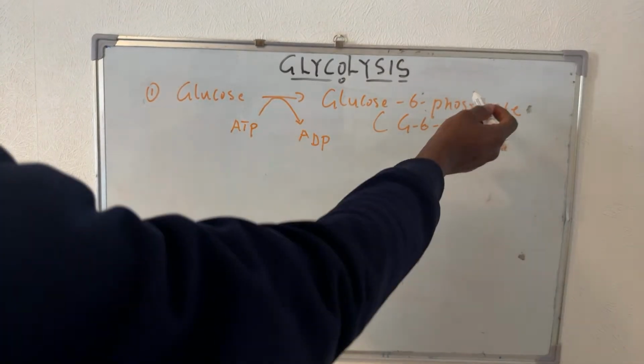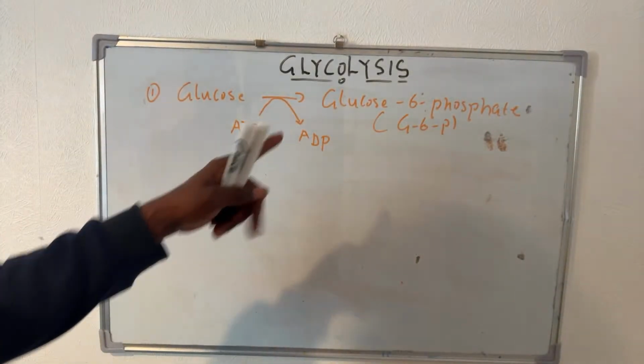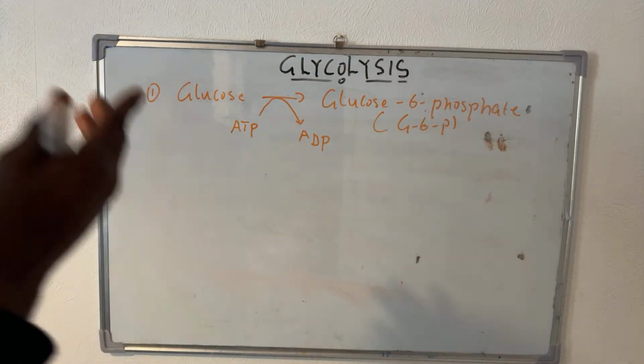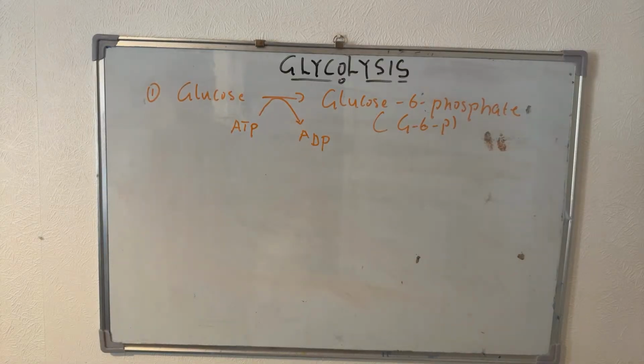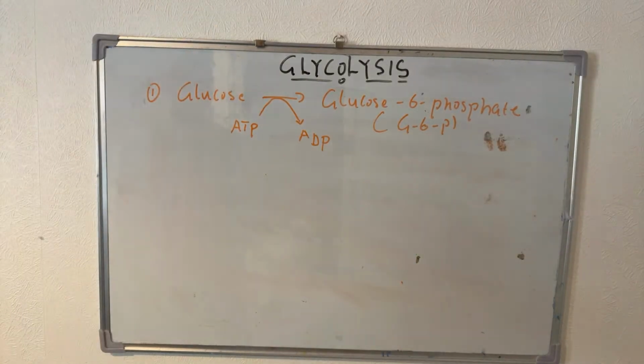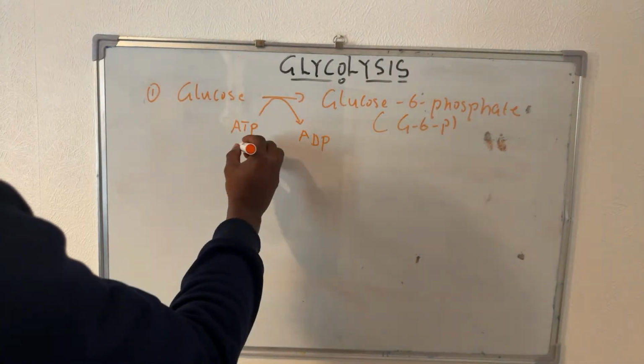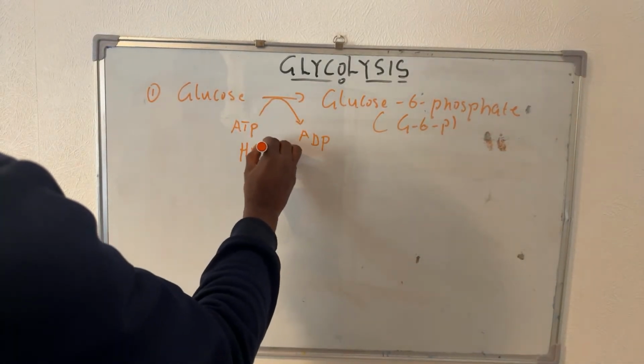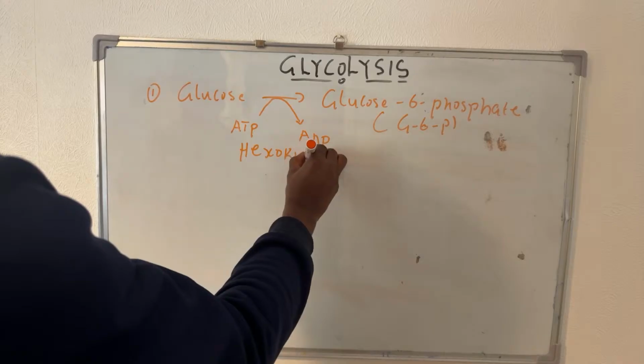Because the phosphate group is attached at the 6th position, we call it glucose 6-phosphate. This is substrate level phosphorylation, and the enzyme that carries it out is called hexokinase.